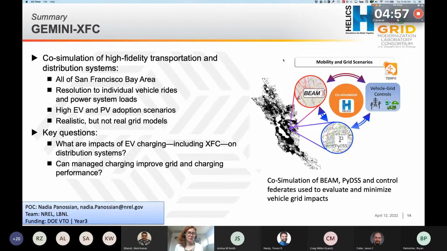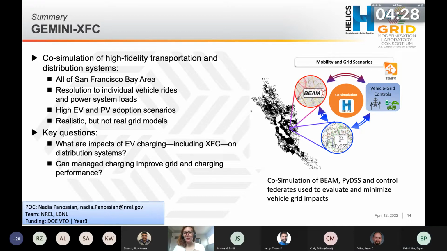So this is a collaboration between NREL and Lawrence Berkeley National Lab. Basically, we're using Helix in co-simulation between an NREL developed tool called PyDSS, which is a wrapper of OpenDSS that allows for more configuration of inverters, especially important for grid scenarios with a high adoption rate of solar storage.